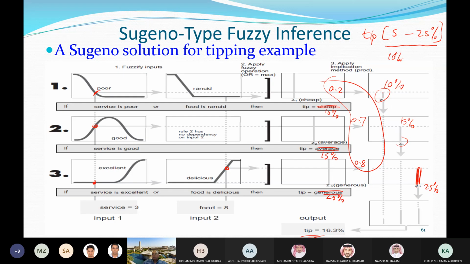The average depends on the food and service and so on, I will pay 15%. And I may go to 25%, depending on the service and food. So these are fixed values. It is not necessary to have them equal to 20 or equal to 1. That depends on the range that you define for the output.